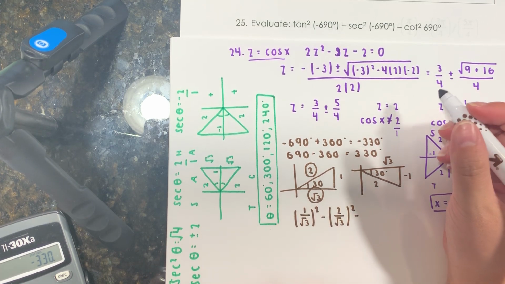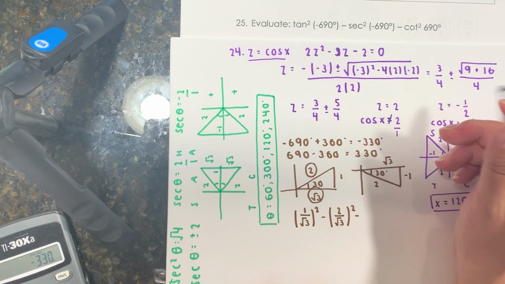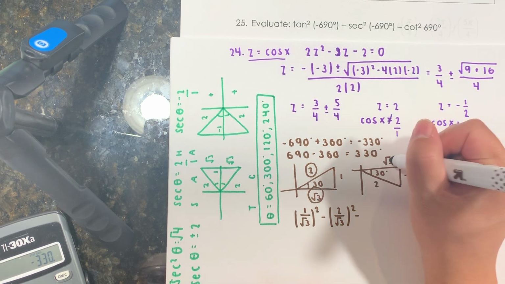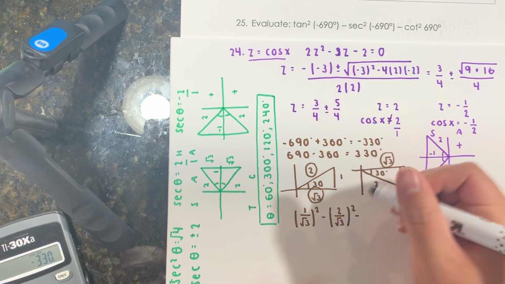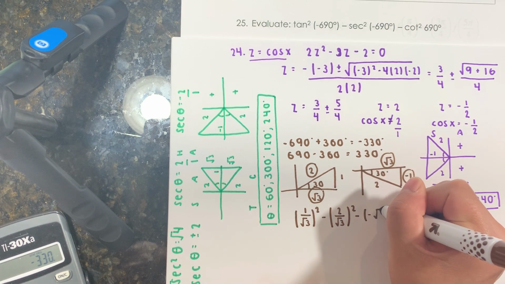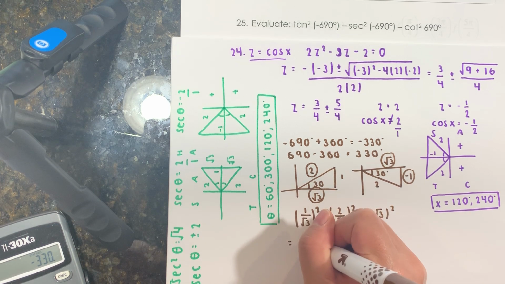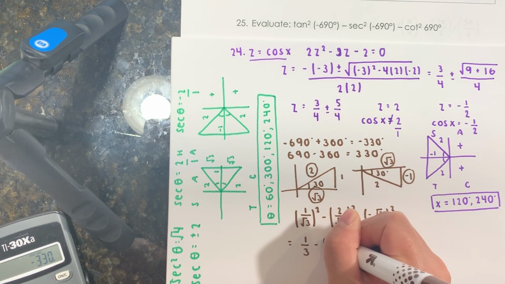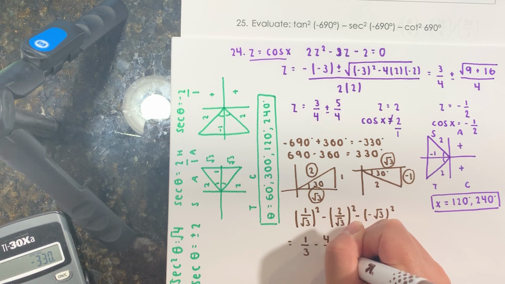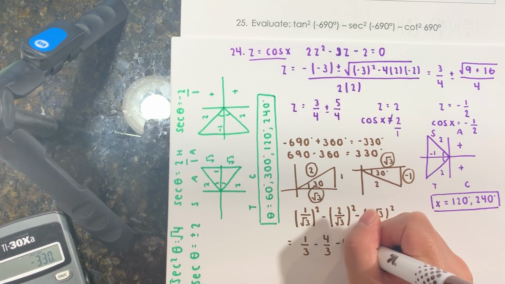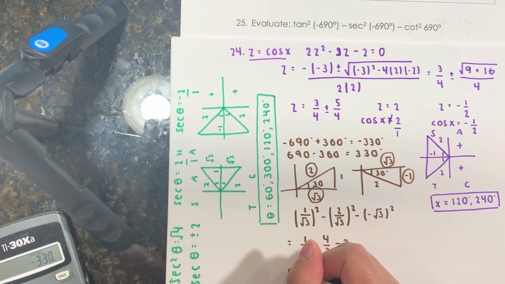Then cotangent is the inverse of tangent, so instead of opposite over adjacent, it's going to be adjacent over opposite, which would just be negative root 3 squared. Now that result is going to give me 1/3 minus 4/3 minus 3. So really I end up with negative 1 minus 3, and my result would be negative 4.